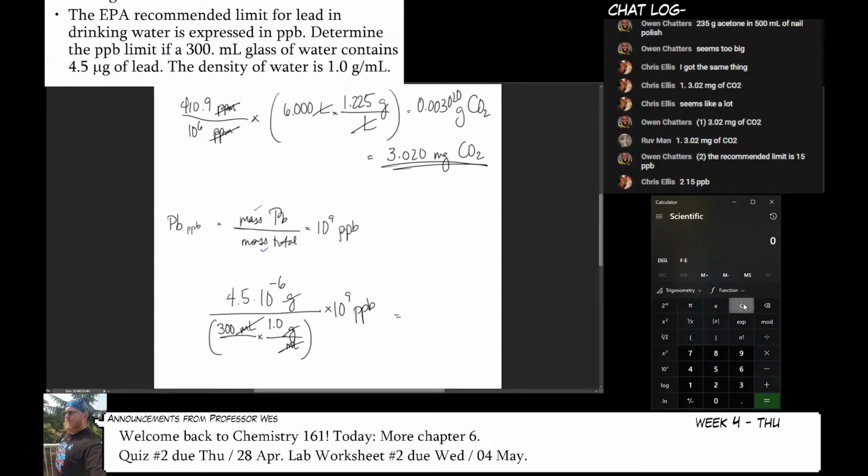So this would be 4.5 times 10 to the minus 6 divided by 300 times 1 is just 300 times 10 to the 9 parts per billion. So 1 times 10 to the 9. And I get 15.0 parts per billion.